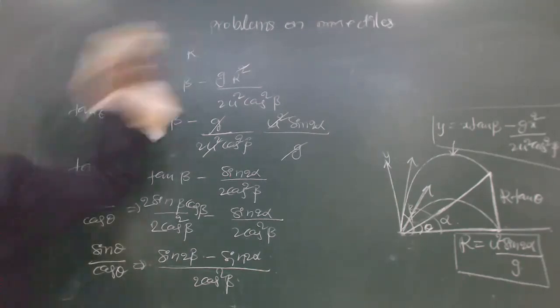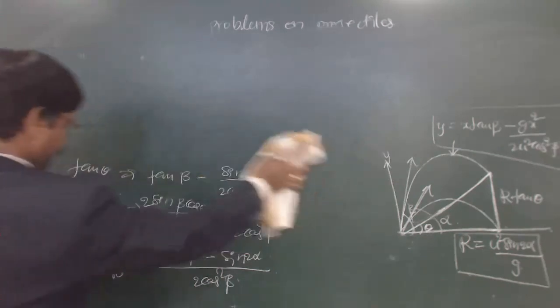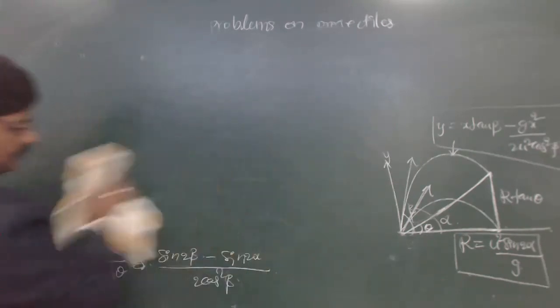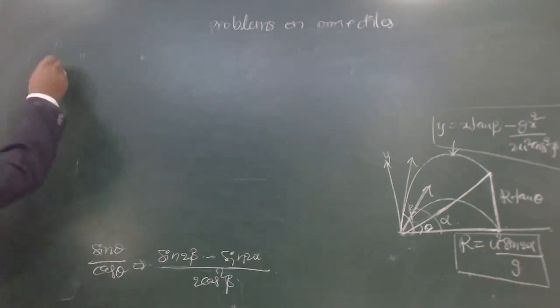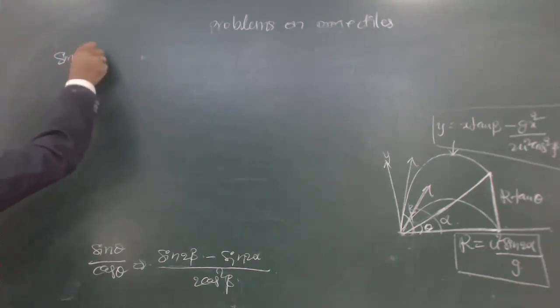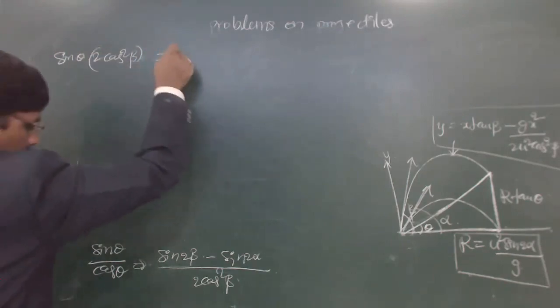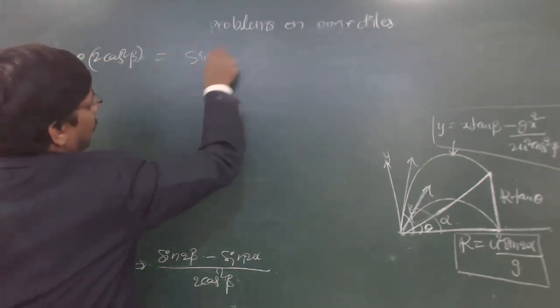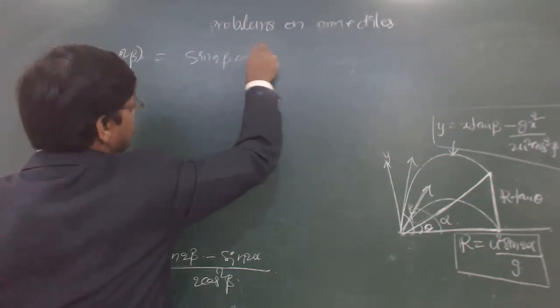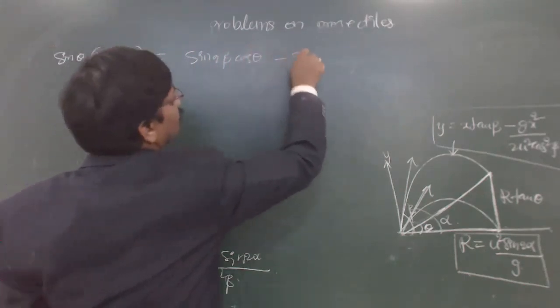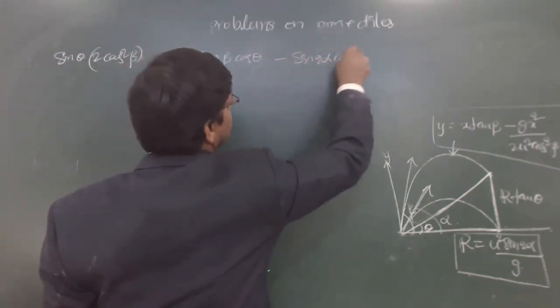So if you further simplify this relation, sin theta into 2 cos square beta is equal to sin 2 beta cos theta minus sin 2 alpha cos theta.